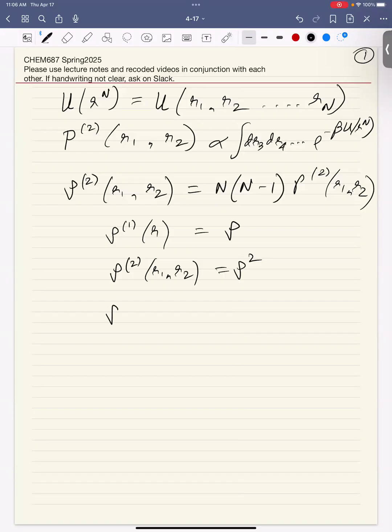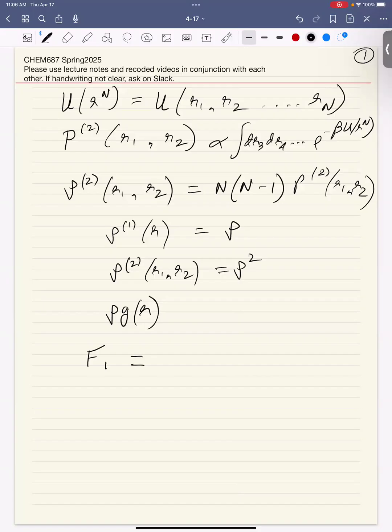And what else? We said rho g of R is the conditional probability of finding a particle at position R, given that another particle is at position 0. And then we talked about the potential of mean force. We said that the average force experienced by particle 1 comes from the gradient of a potential, right?